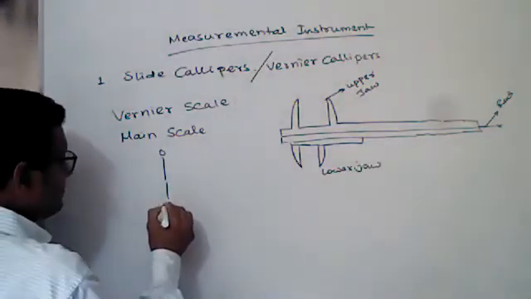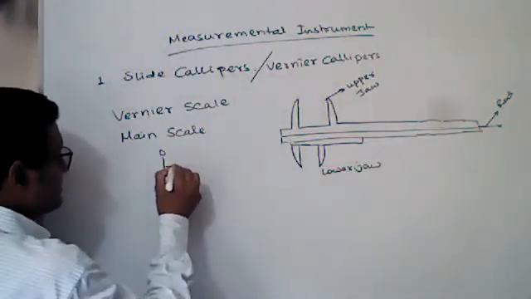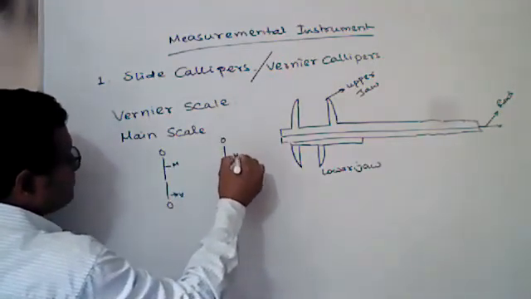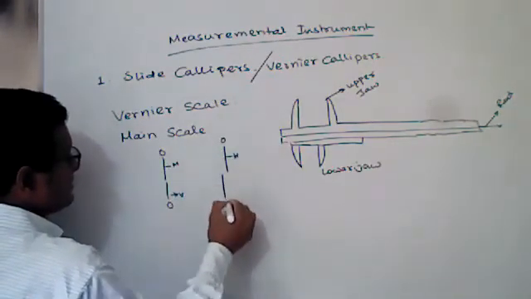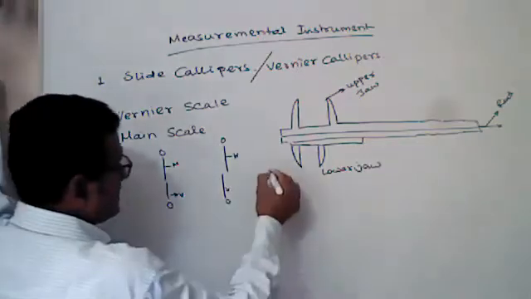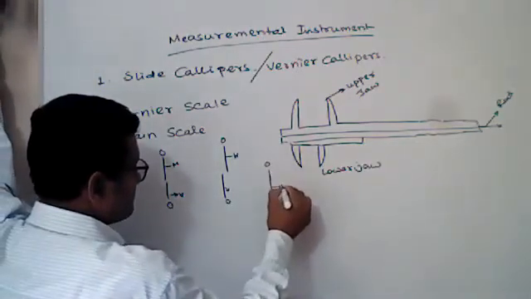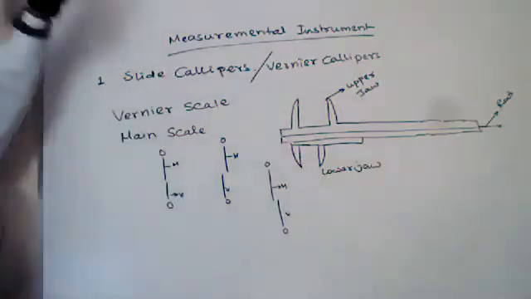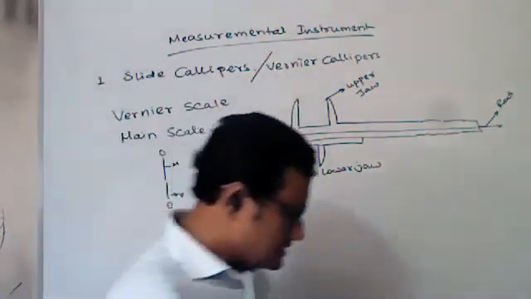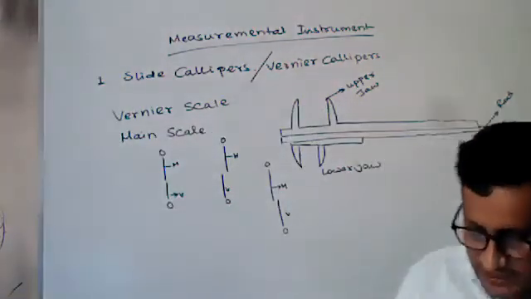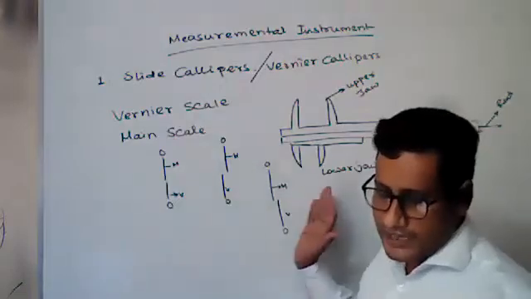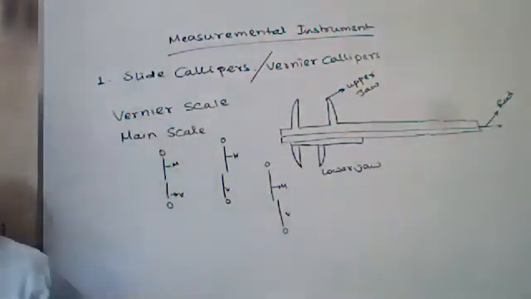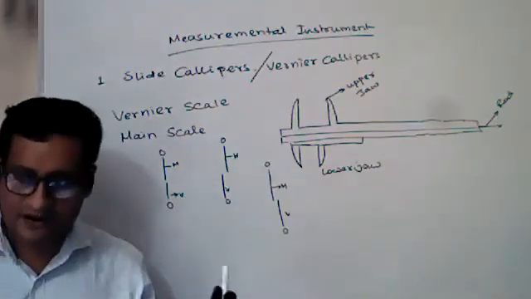If this is the main scale 0 and the Vernier scale 0 is here, or on the other hand the Vernier scale 0 is there, so the zero reading of the Vernier scale is to and fro, backward or forward of the zero division of the main scale. Then we can say an error is present.